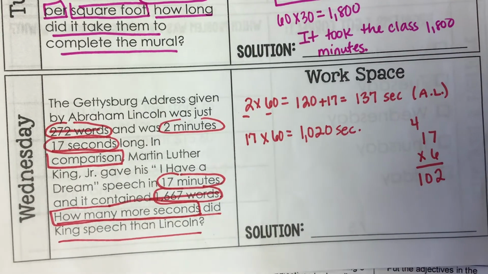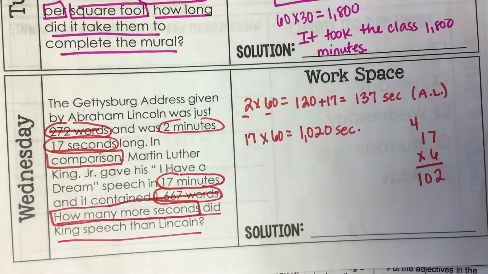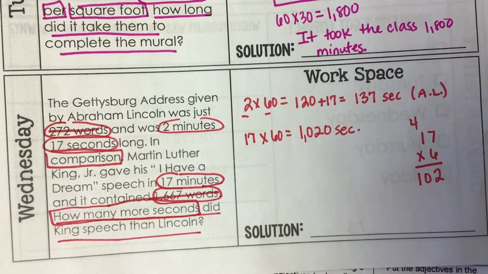Those are all comparison words, and they mean to subtract. What is the other thing we might do when we see the word comparison? What's the other thing we might do, Claire? Right. We might use the greater than, less than, and equal signs to compare two values.